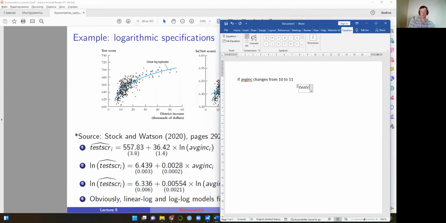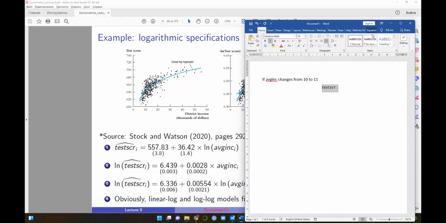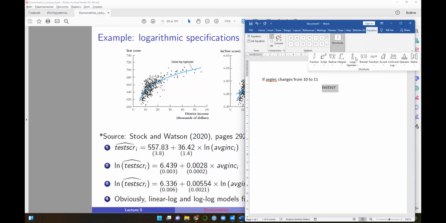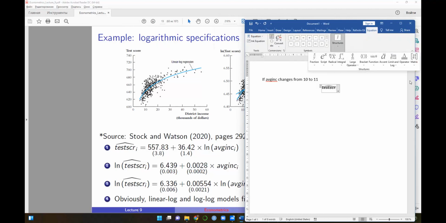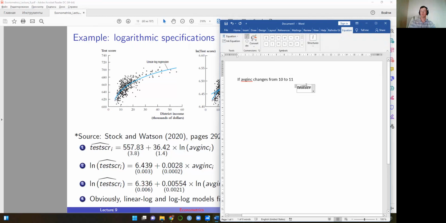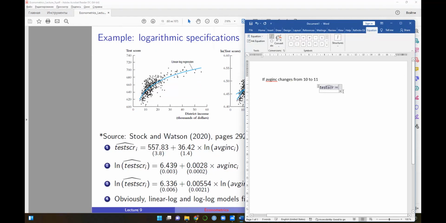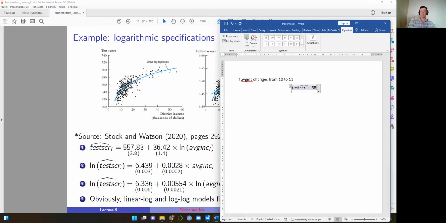So the predicted test score equals 557.83 plus 36.42 times the natural logarithm of 10.